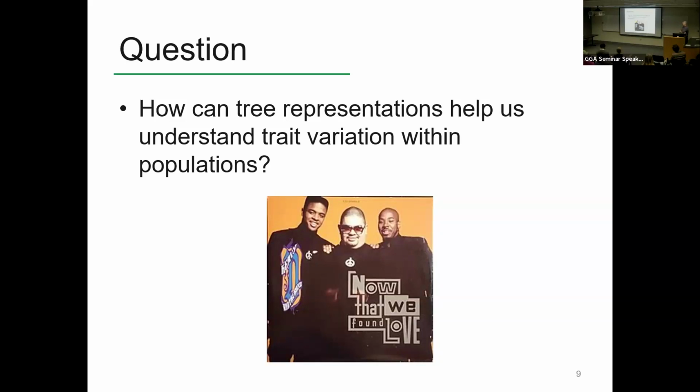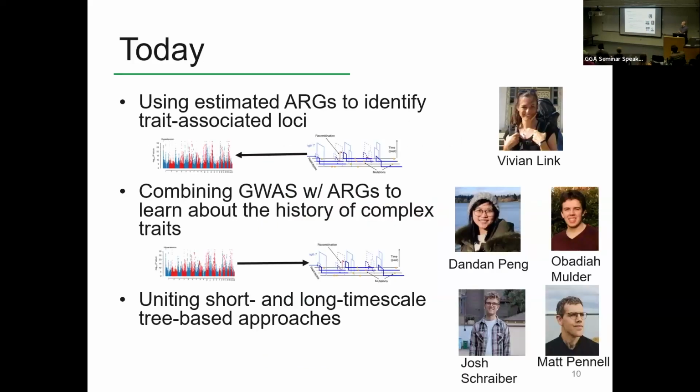I'm going to focus on how we can use it to understand complex trait variation within populations, and later in the talk also between populations and even species. So we'll talk about three projects. The first one, by my postdoc, Vivian Link, we used estimated ARGs to essentially do haplotype mapping.